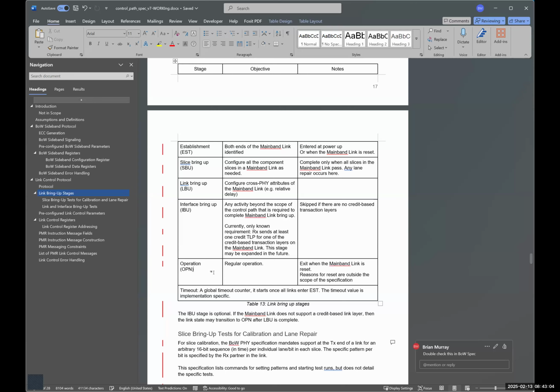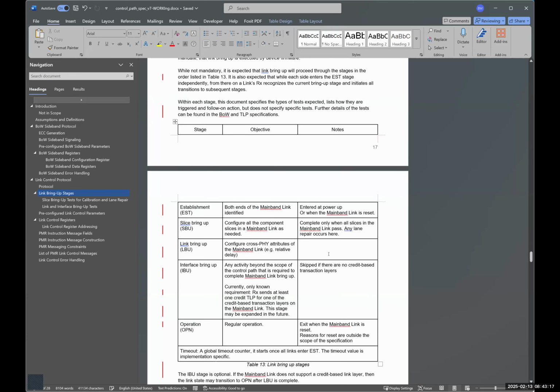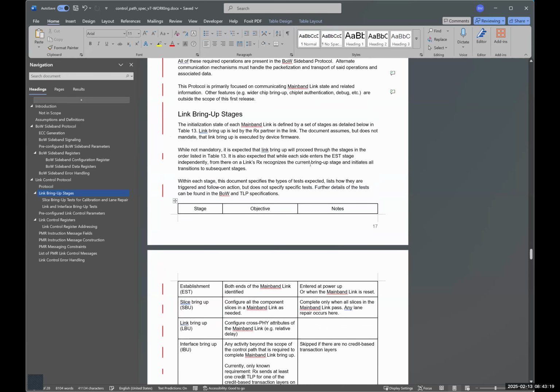I don't think so. I think most implementations would probably have to go through all the steps. The document assumes but does not mandate that link is executed.